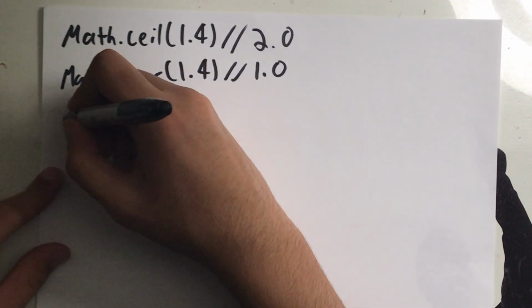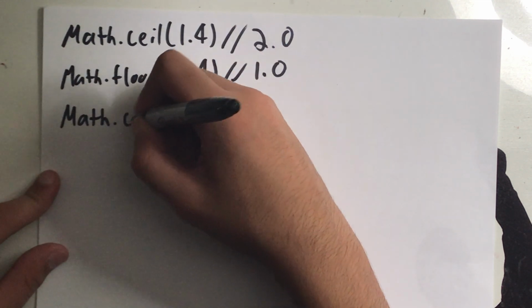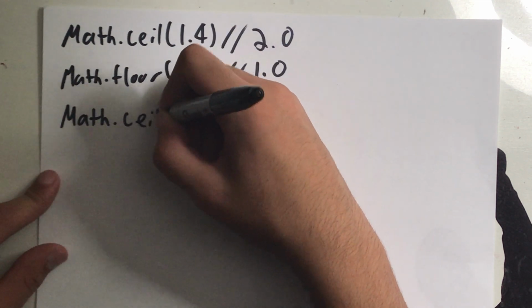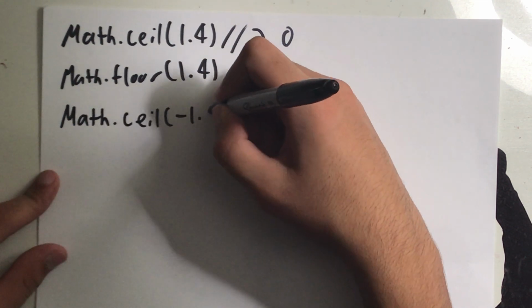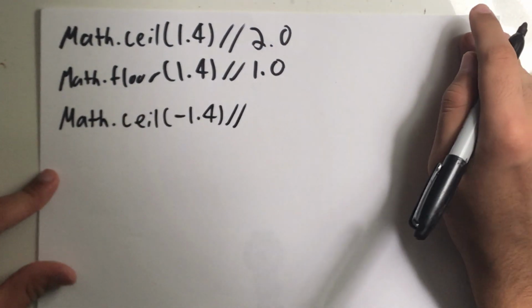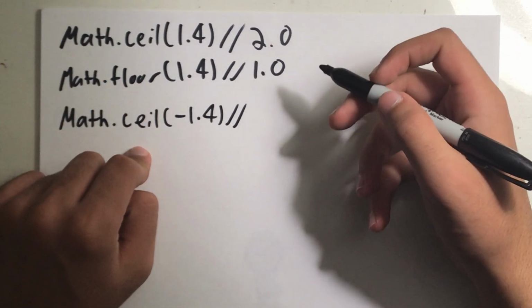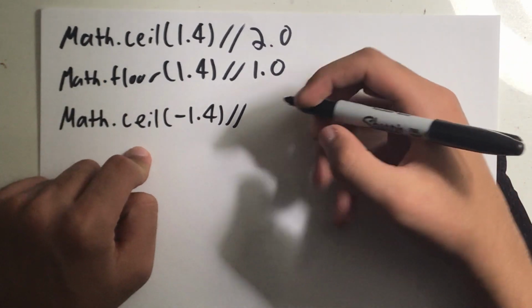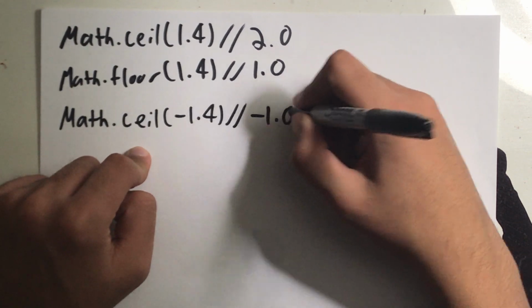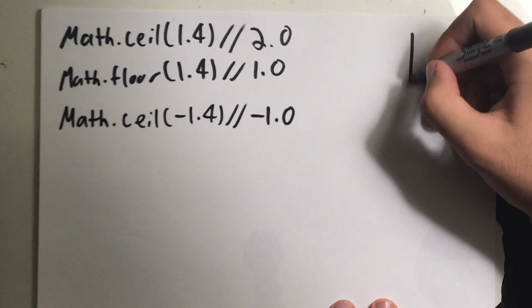But what if I had math.ceil of negative 1.4? Remember, ceiling goes up. Don't think that because it goes up, it's going to be negative 2. It's not. It's actually going to go to negative 1.0, right? If you want, you can make a vertical number line.